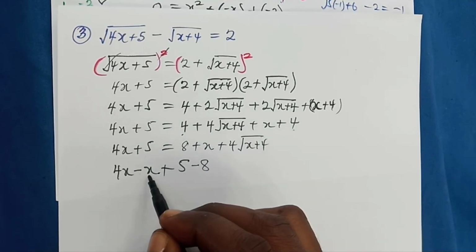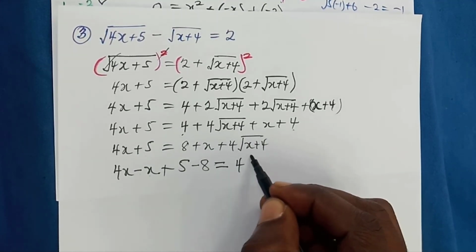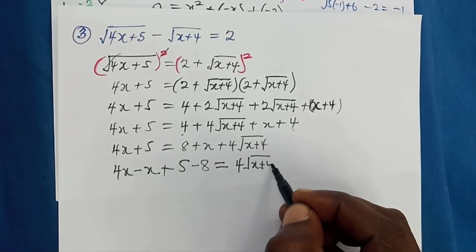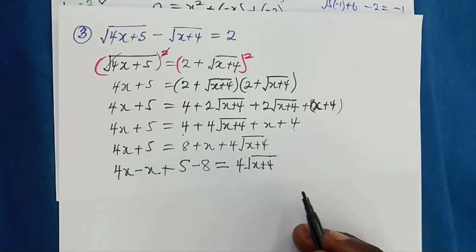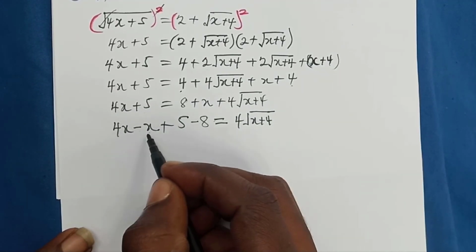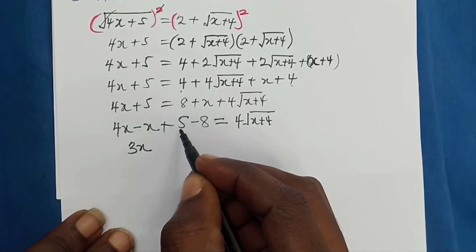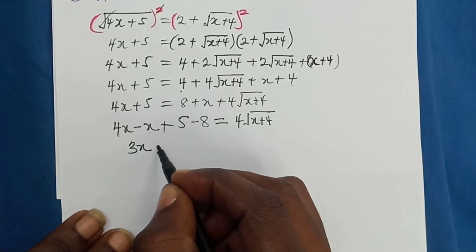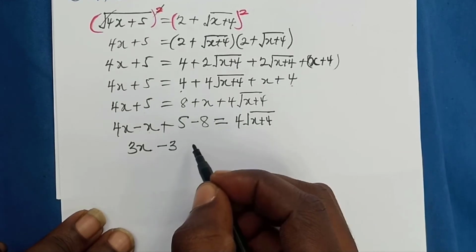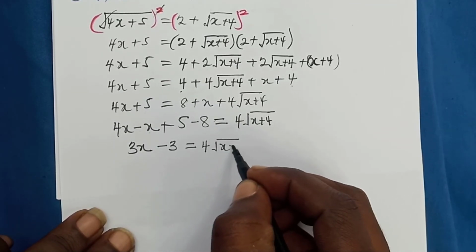So we move this one here, and then this one here too. It's equal to 4 root x plus 4. Okay, all right, so let's simplify. We are having 4x minus x will be 3x, and then 5 minus 8 will be negative 3. This is equal to 4 root x plus 4.